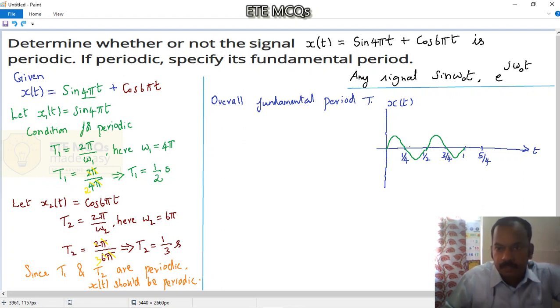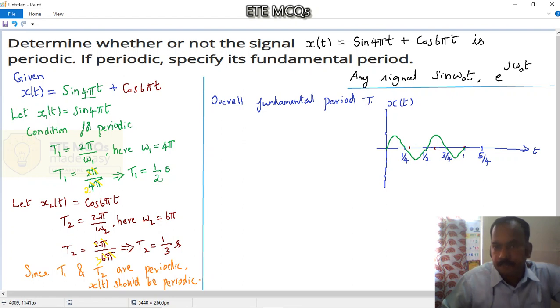The first period of x2 of t ends at 0.33, then at 0.66 it will be somewhere here, and in the third cycle it moves to 1.